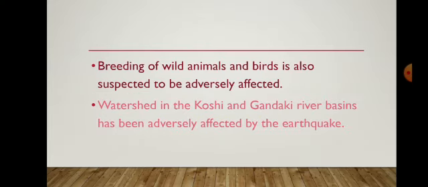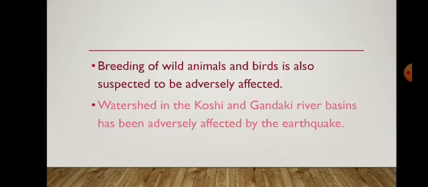Next, the watersheds in the Koshi and Gandaki river basins were also affected due to the earthquake. A large number of landslides and cracks had occurred in the catchment tributaries of the rivers, which led to soil erosion on a large scale.